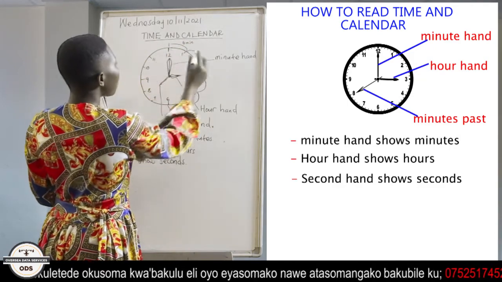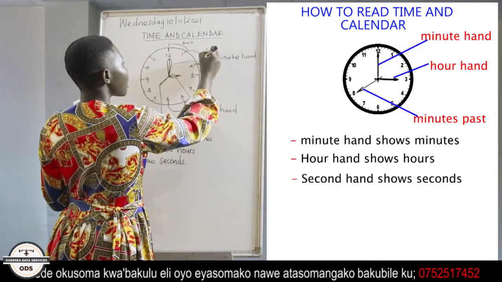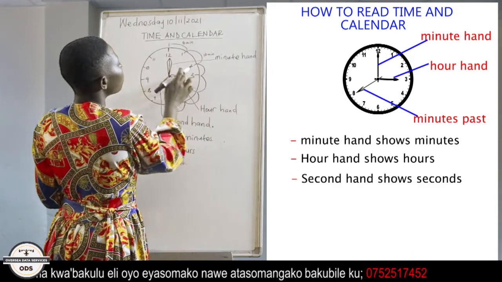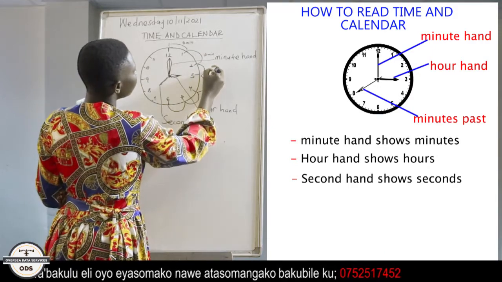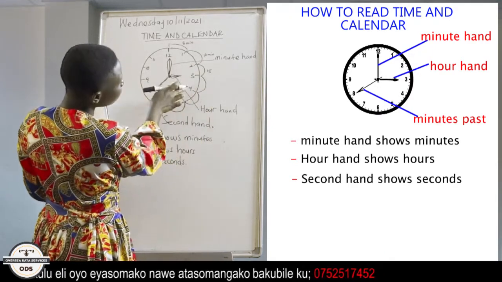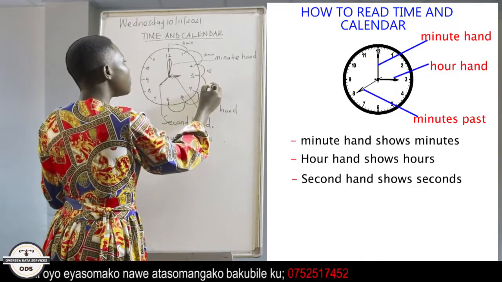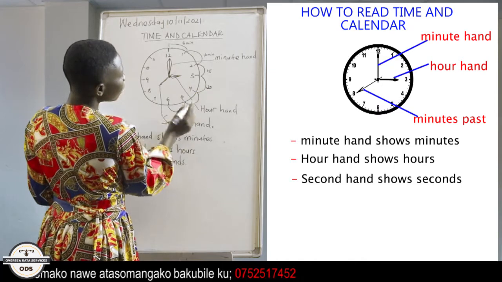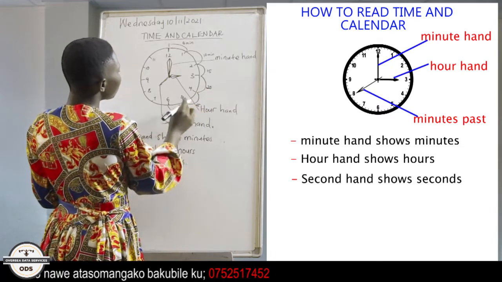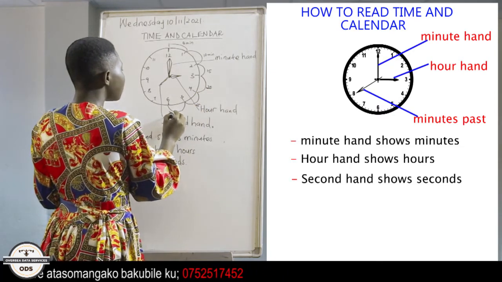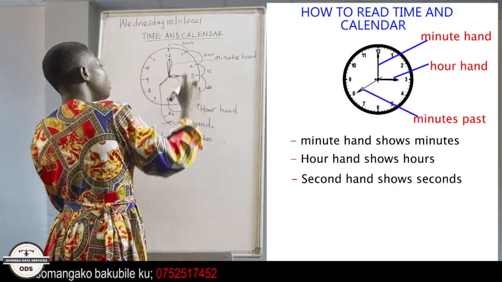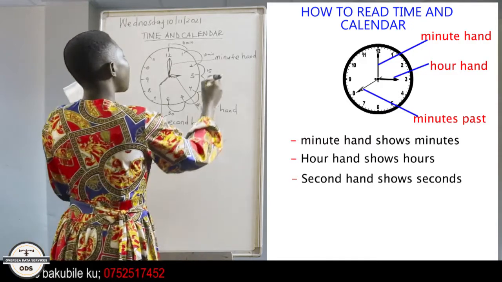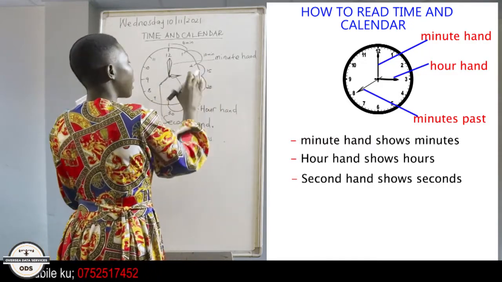From here up to here, we have also 5, but we are just adding. That is 10 minutes. From here to here, that's 15 minutes. From here to here, you keep adding 5: 15, here is 20. From here to here, we have 25. From here up to here, we have 30.